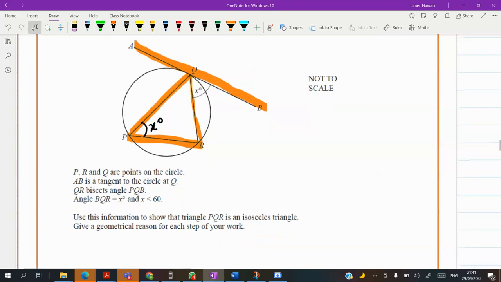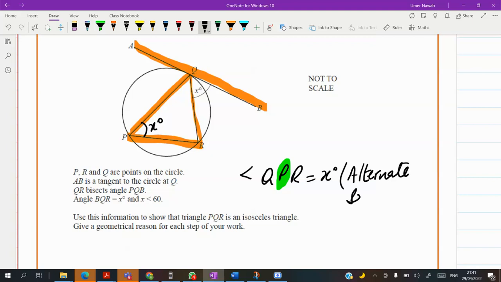So what is the reason I can quote here? The angle QPR, which letter is at the center? P. So QPR is x. Why? It is the alternate segment theorem. This is x.